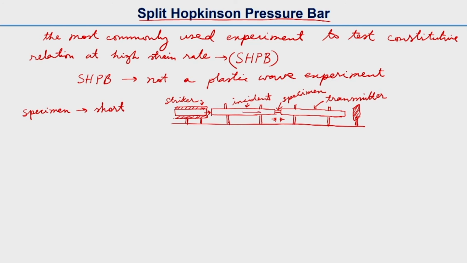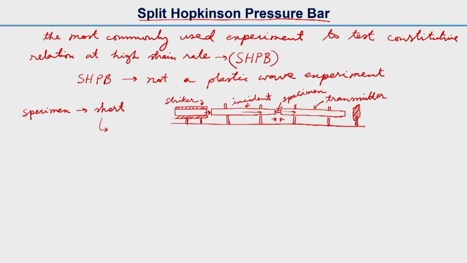The stress wave will travel through the incident bar, and then it will hit the specimen, and some part of the wave will reflect back, and some part will go through the specimen and enter the transmitter bar. Due to this stress wave, the specimen will be plastically deformed, and then this wave will continue to transmit towards the transmitter bar.